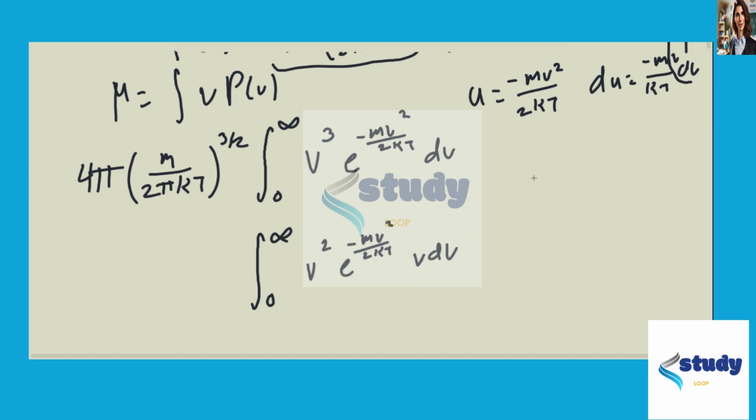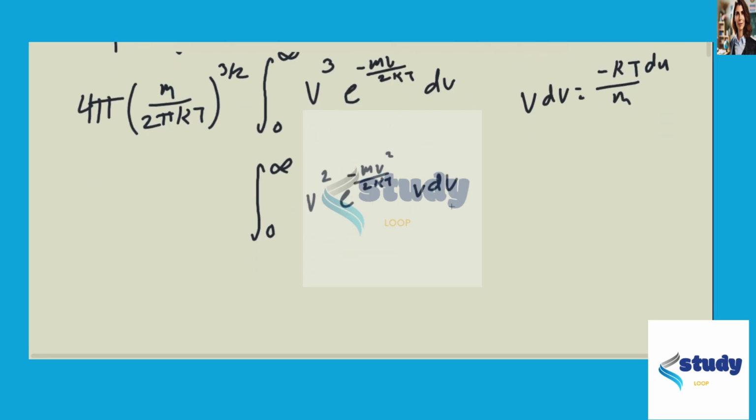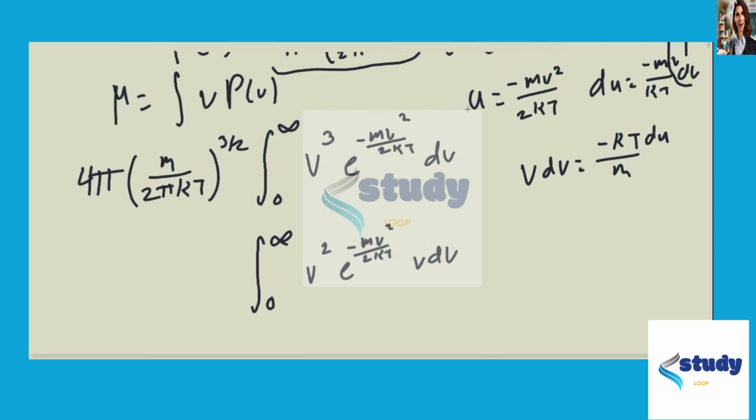So I will get v dv equals negative kt du over m. Oh, I'm sorry, negative kt du over m. And then for v squared, I need to solve my u equation for v squared, and I will get v squared equals negative 2kt u over m.